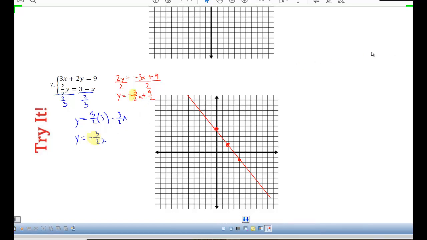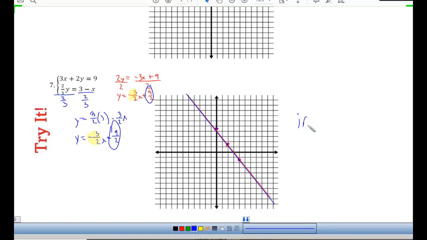And then on my intercept, this would just be multiply top to top. So this would be 9/2. 3/2 times 3. 3 times 3 is 9 over 2. So now we can see that these are also the same. So I'll go up and mark my intercept, 9/2. And I have a slope of negative 3/2. And so we have our coinciding lines again.